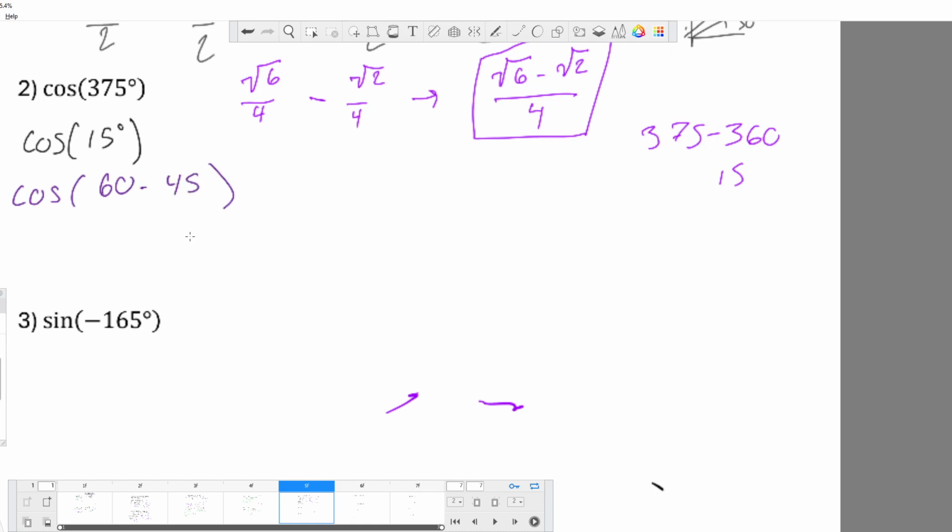And they would actually, if we worked them out, we would get the same answer either way. But since I already wrote down the numbers, I'm going to do 45 and 30. And so we apply the cosine formula and see where that takes us.